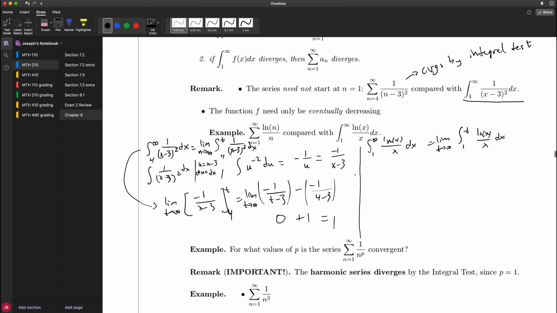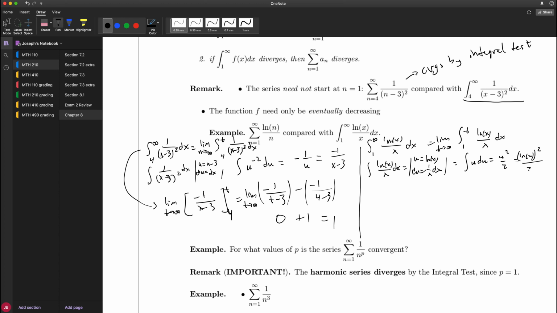Now let's take a break and instead just do the antiderivative. Well, we're going to put u equal to ln x, du is just 1 over x dx. I'll let you verify that really this just works out to be the integral of u du, which is u squared over 2, which is ln x squared over 2.